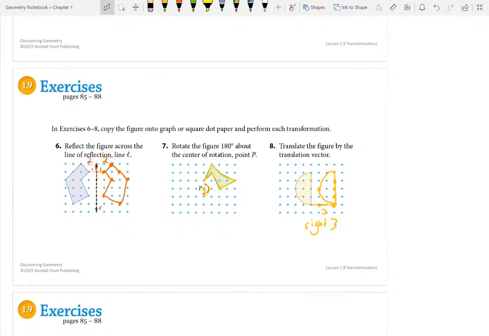Okay, so again, going back to number 7, you're going to want to do that with patty paper. And when you rotate it, it's going to be somewhere in this area.